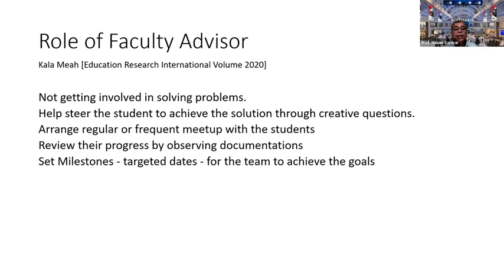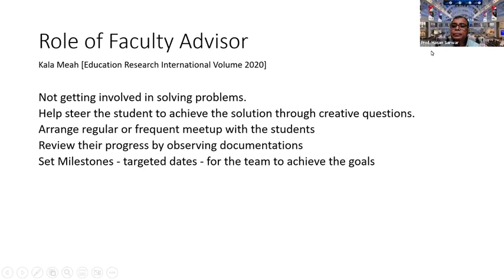So now we see another example of Calamia. It has been published in Education Research International in 2020. He has mentioned something else here, like the role of faculty advisor. In their practice, the role of the faculty advisor is not getting themselves involved in solving problems.